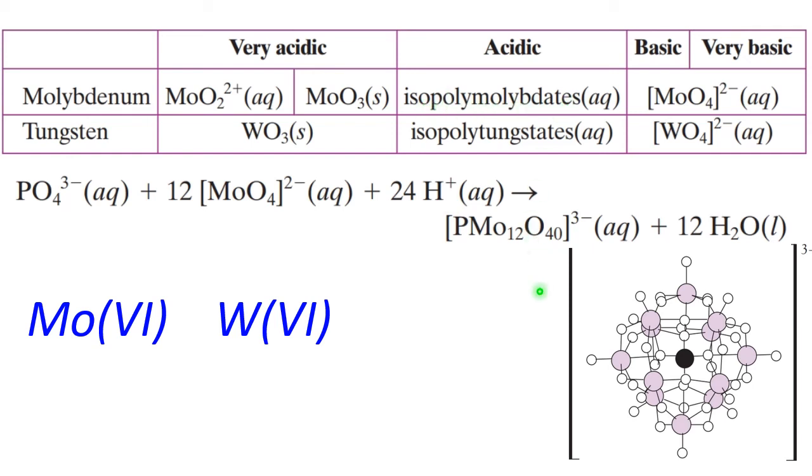The whole assembly has phosphorus in the center, 12 molybdenum atoms, and 40 oxygen atoms, and has charge 3-. Because it's very large, it can be easily precipitated with largely sized cations like ammonium, so (NH4)3PMo12O40.